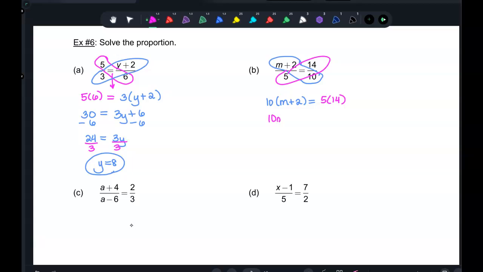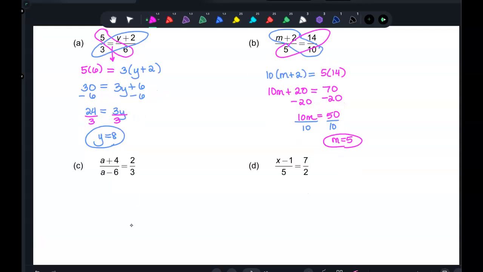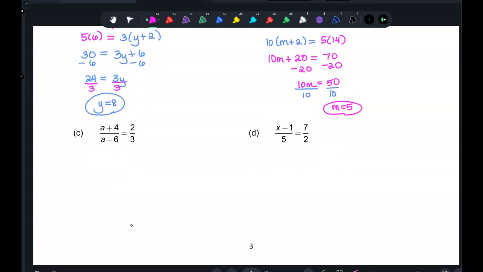So here we get 10m plus 20. 5 times 14, 70, good. 10m equals 50, m equals 5, good. Are we good here? Yes.